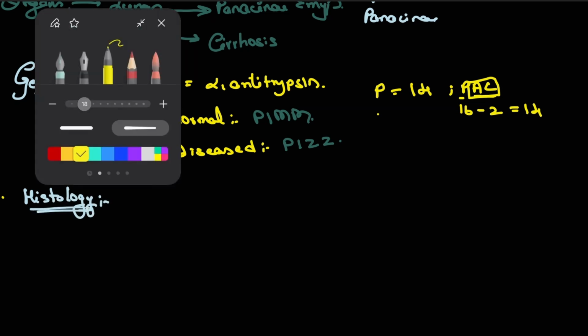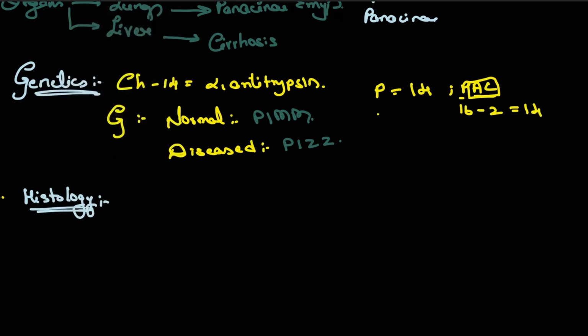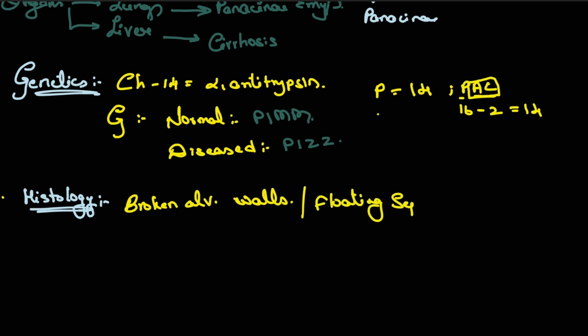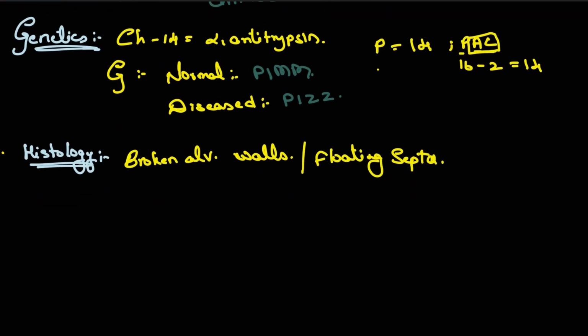In histology, you will find broken alveolar walls. Means the broken alveolar walls can be seen in the people deficient in alpha-1 antitrypsin. It is also known as floating septa. Okay. And the next one is clinical features.